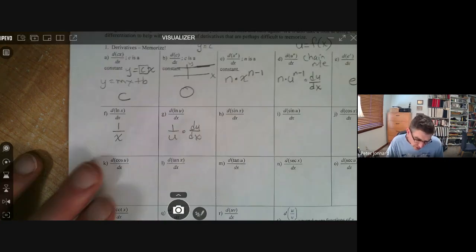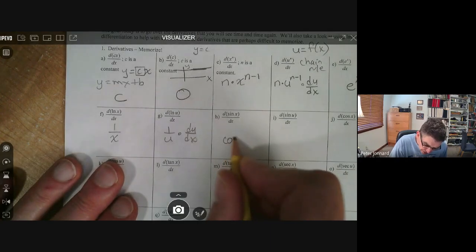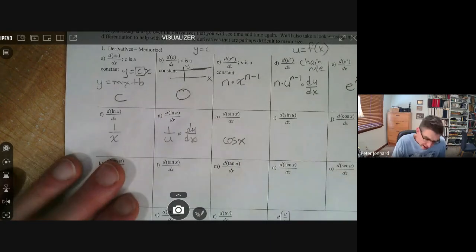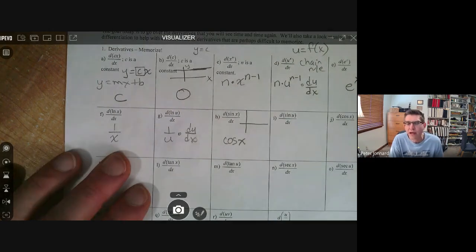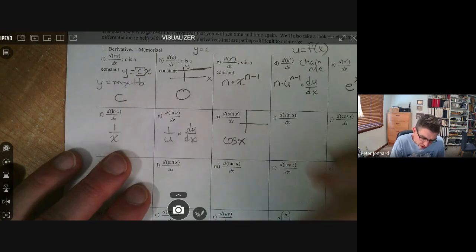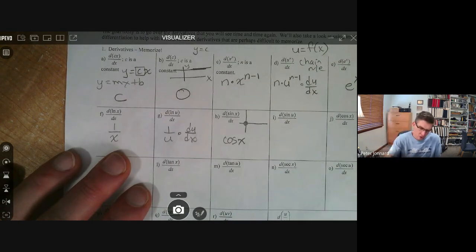Okay, and then the derivative of the sine is just the cosine of x. To help me remember that, I think of graphing the sine function. Remember, on a unit circle, the sine is just the y coordinate. So at 0 radians, the sine is 0, and then at pi over 2, the sine goes up to 1.